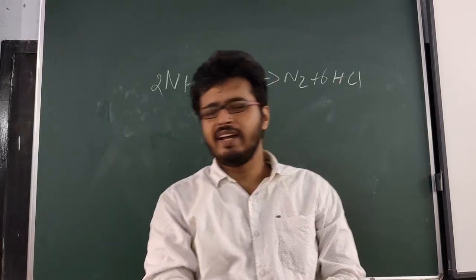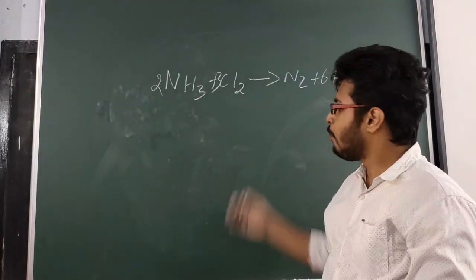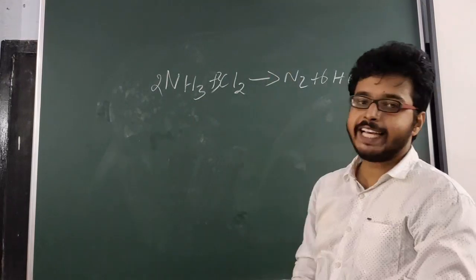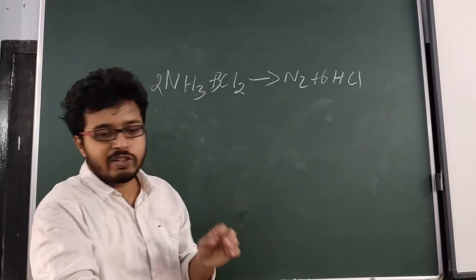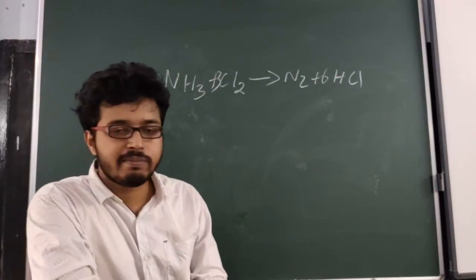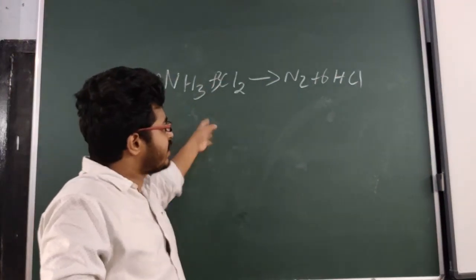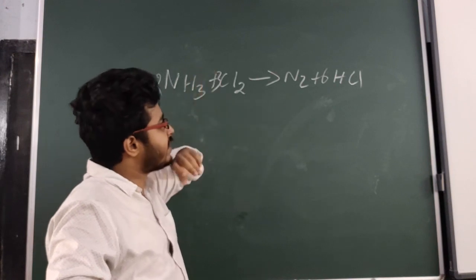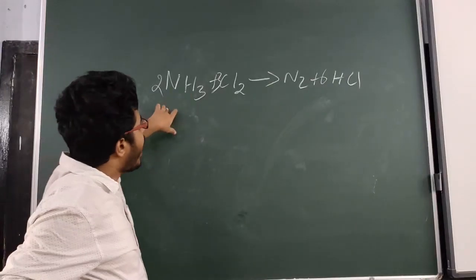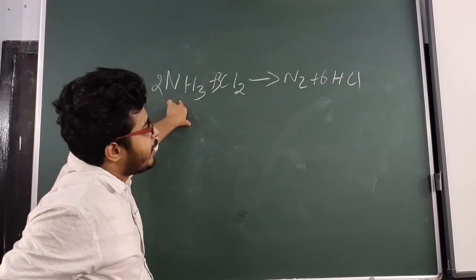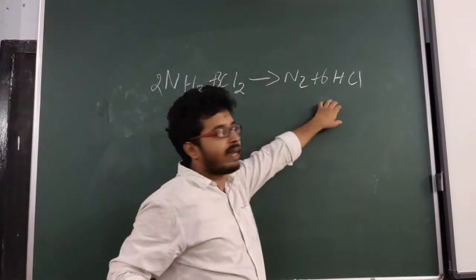So I hope you remember ammonia when it reacts with chlorine gas. Okay, so it is also a reduction reaction, but we won't go much about the reduction and oxidation that is taking place here. Now, what happens here? There are two products, N2 and HCl.